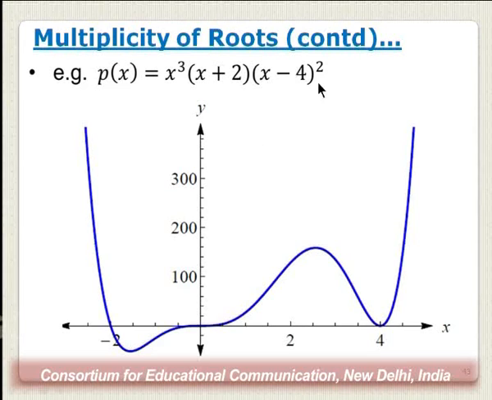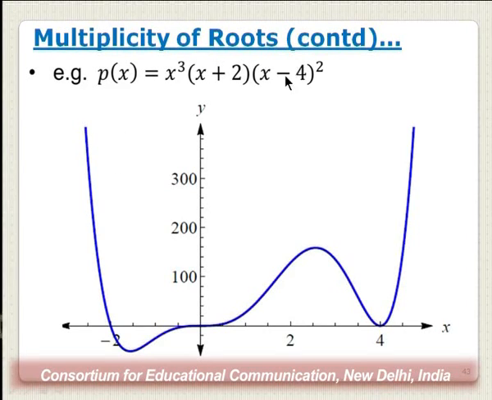And if you see the factor x minus 4 squared, here the graph will not change sign, so it will just touch the x-axis and bounce off at x equal to 4, because here the multiplicity is even. Again, because it's a polynomial of degree 6, if you look at the end behavior, that's up, up.